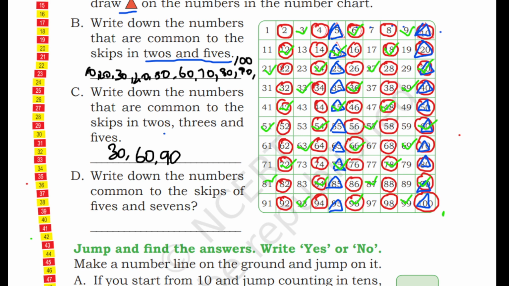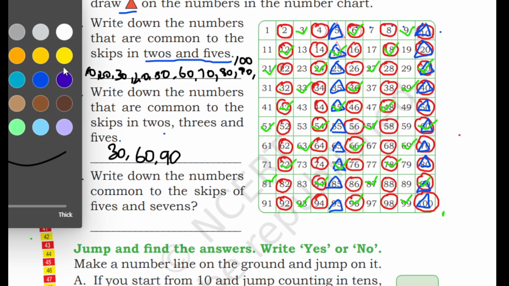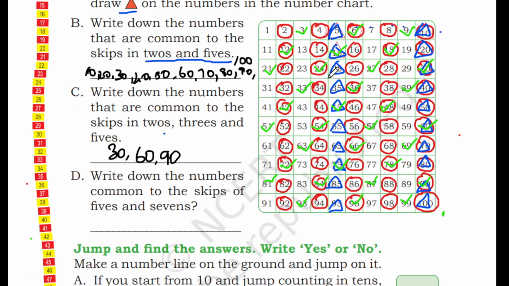Okay. So we will change the color here again to a bright one, maybe a pink one. Okay. So now we will put a cross mark. So it will be easy for identification. We need to find a skip of number 7.